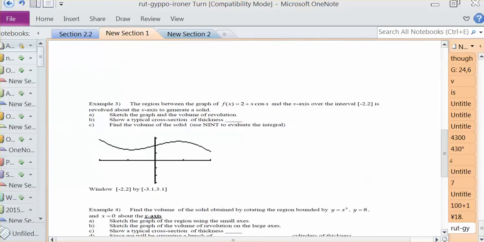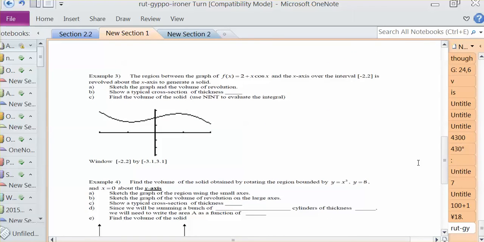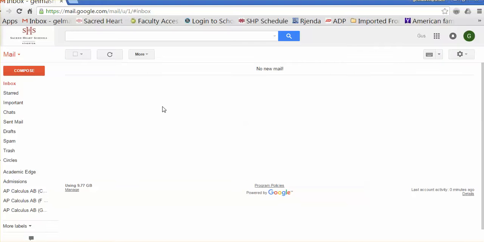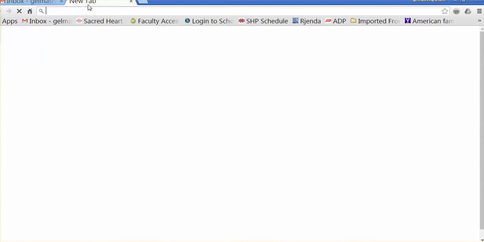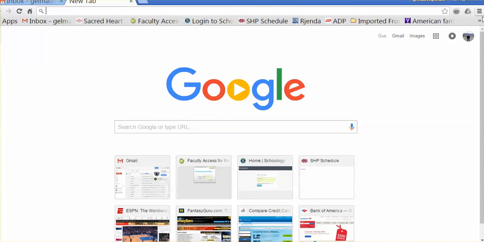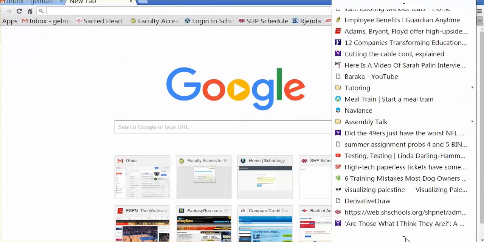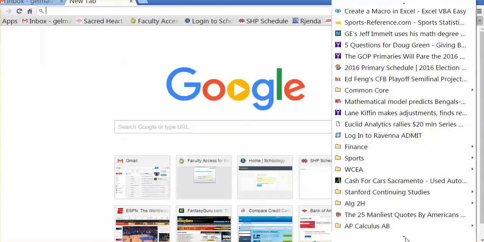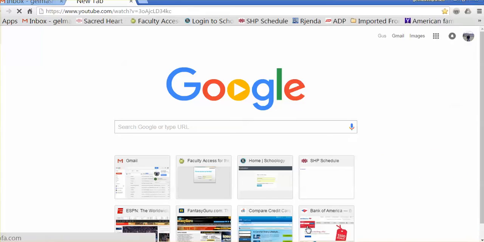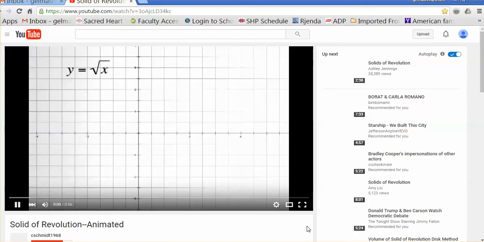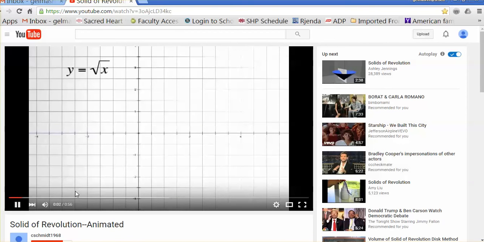Now let me run a simulation here so you can get a better idea of what we're trying to do. And hopefully it turns out pretty well. So here's y equals root x. That's being drawn.